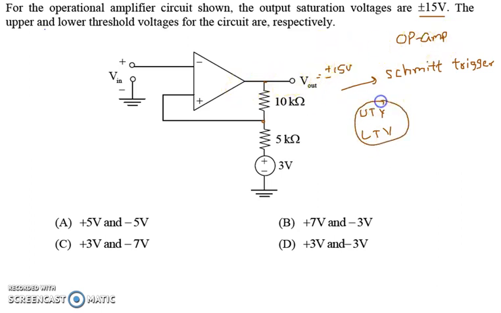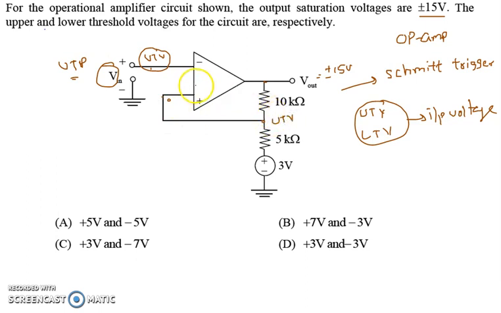Both the upper threshold and lower threshold voltages are terms that belong to the input voltage. That means if Vin is at the upper threshold point, it becomes equal to UTV, the upper threshold voltage. If the inverting terminal becomes equal to the upper threshold voltage, then obviously the non-inverting terminal also maintains the same voltage, the upper threshold voltage.